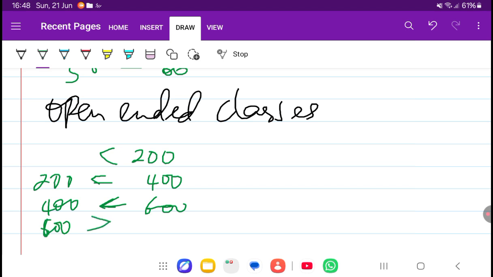The implication is that these numbers could even be negatives as long as they are less than 200. So that's why the value here is not defined, and even the value here is not defined, as they just assume any value above 600. Those are the ones that we call open-ended classes.